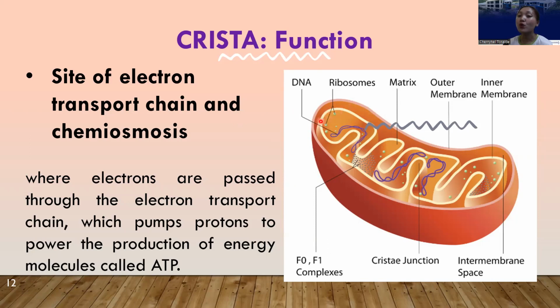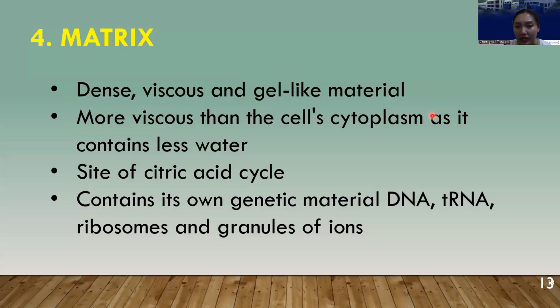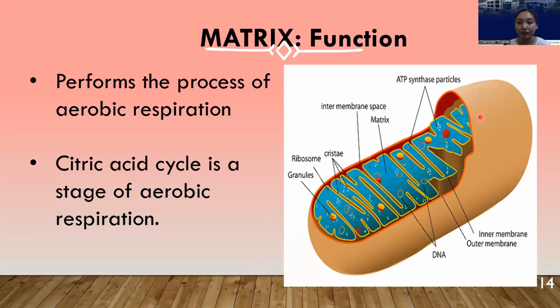Also, it has its own ribosomes, right? Its use is to make its own protein complexes, or protein synthesis. For example here, these circles are the DNA of the mitochondrion. These gray to black circles are the ribosomes. And these white circles are the ATP synthase particles.